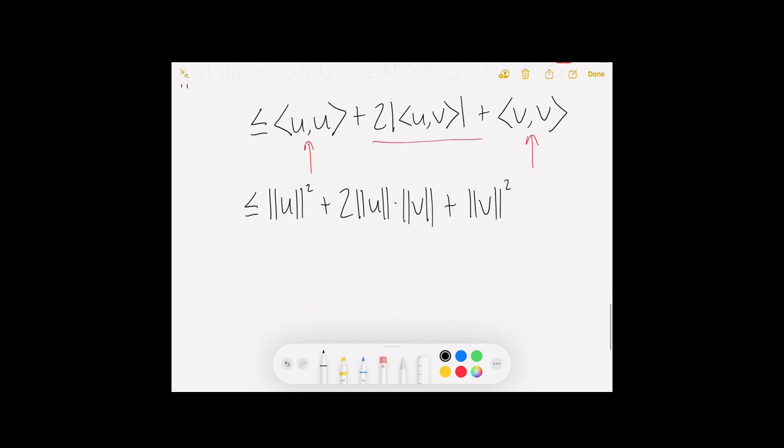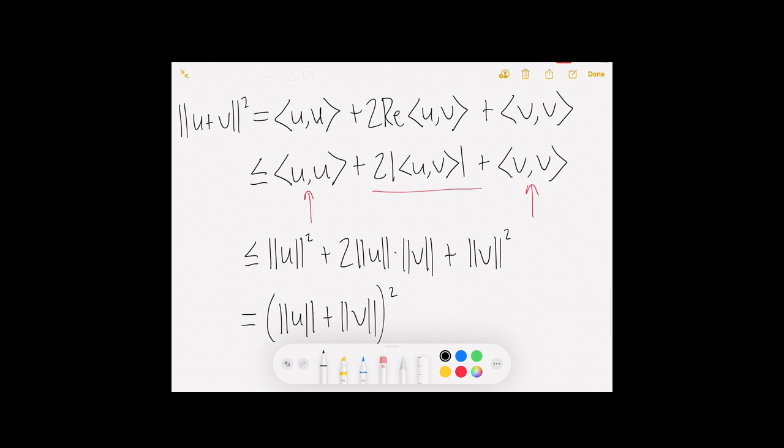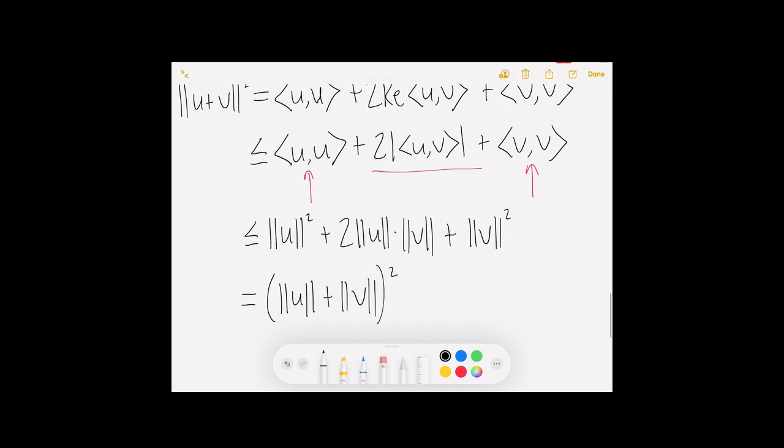And this is a simple quadratic that we can just write as the norm of u plus the norm of v, the whole thing squared. As you can see, if we take the square root of both sides, we get the triangle inequality. So it's a done deal.